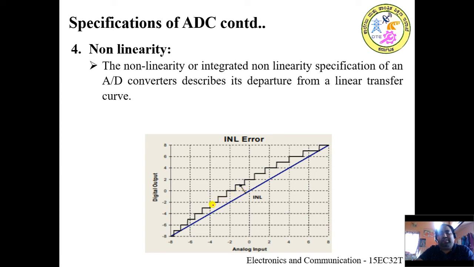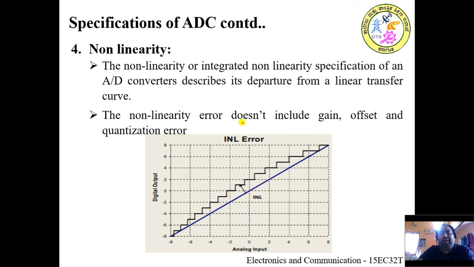The actual zigzag curve has departed from the linear transfer curve by some amount. So this gap itself will give you the non-linearity. Okay, this is again an error.